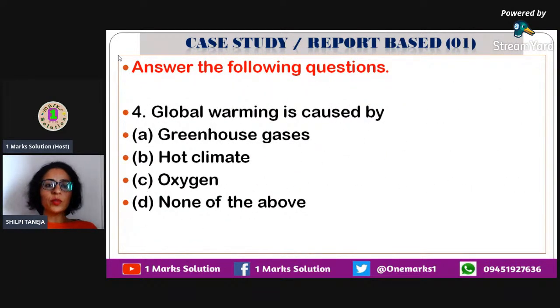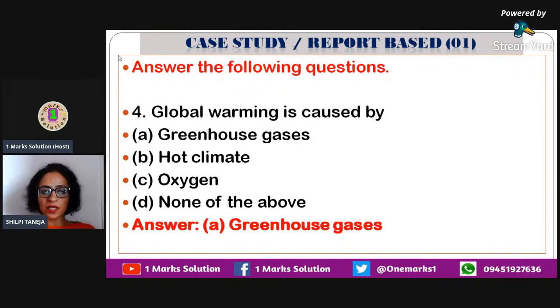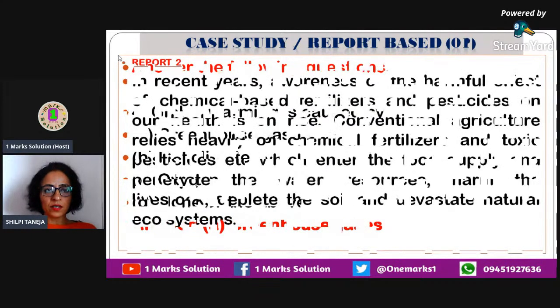Next question, global warming is caused by. Global warming किसकी वजह से हो रही है? First option says greenhouse gases, which is a major reason of the global warming. Hot climate is a consequence. Oxygen is nothing. Oxygen itself cannot be a reason. None of the above is wrong. So we'll go for option A, greenhouse gases.